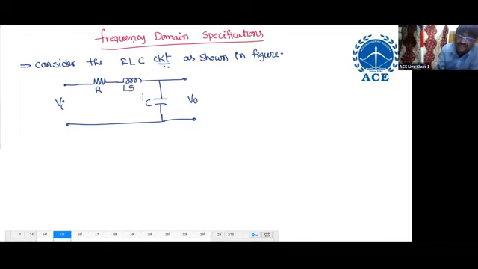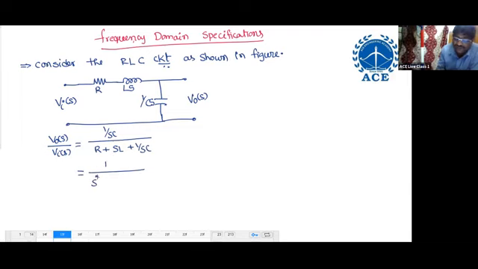Laplace of capacitor is 1 by SC. Already we found the transfer function for this, whether you remember or not. What is the transfer function? V naught of S by VI of S equal to what? 1 by SC by R plus SL plus 1 by SC. This can be written as 1 by, taking LCM, S square LC plus SCR plus 1.